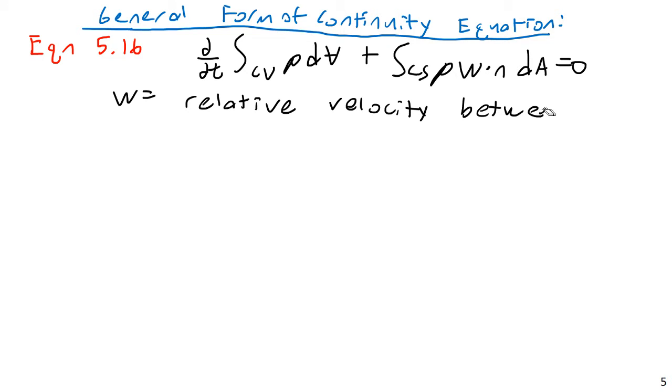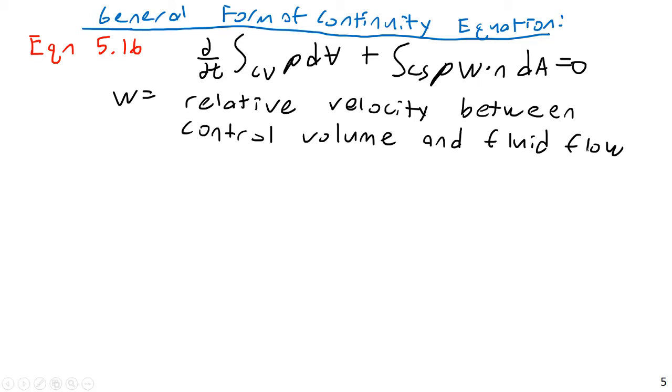Control volume, if I can manage to write the word "between" properly, between control volume and fluid flow. However, one of these terms is meant to take into account the deforming of the control volume.